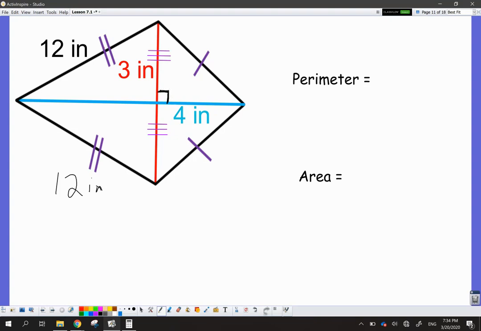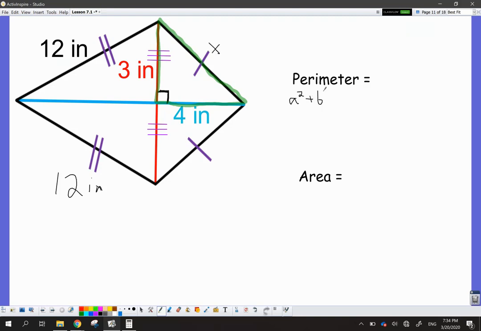Seeing this right here and highlighting these sides should make you aware that, just like the trapezoid in the previous example, we have a right triangle, and we're going to use that right triangle with the Pythagorean theorem to find what this side is.